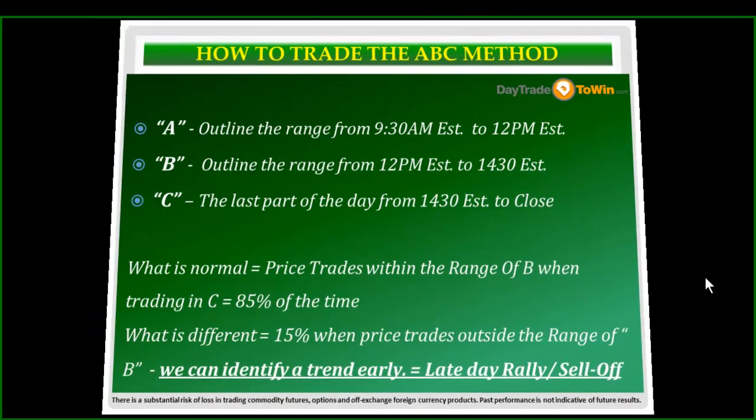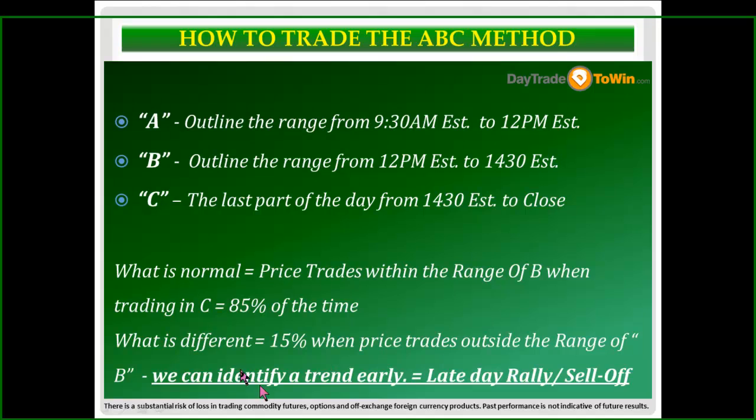Okay, Edward? All right, so to give you an outline here, outline the range from the U.S. session open. For me, it would be 9:30 to 12 Eastern Standard. The B is lunchtime, 12 to 14:30. The last part of the day would be 14:30 to the close, which is roughly an hour and 45 minutes.